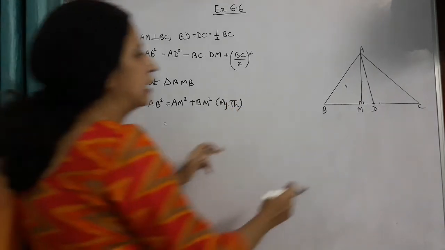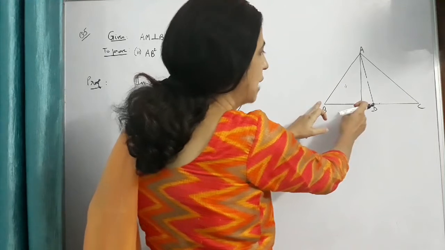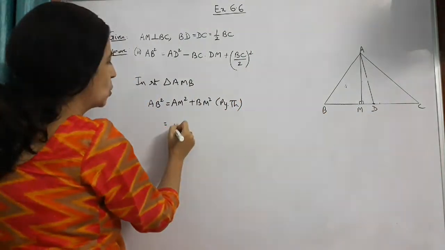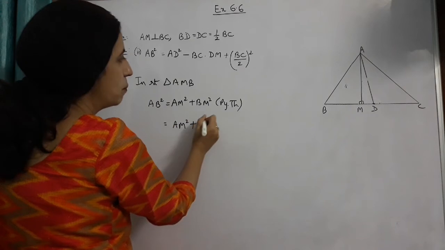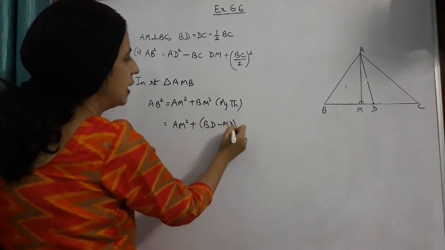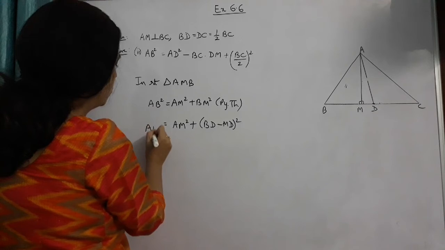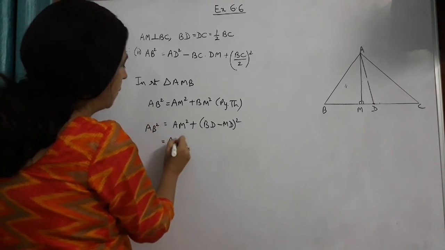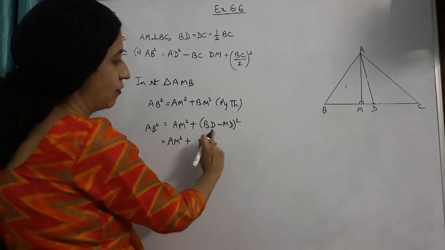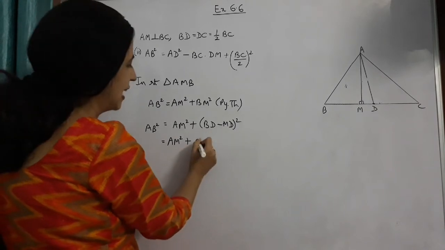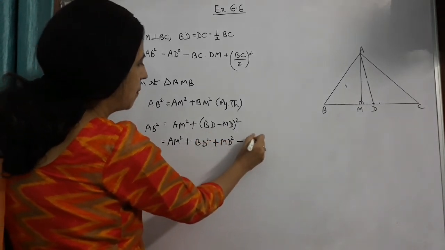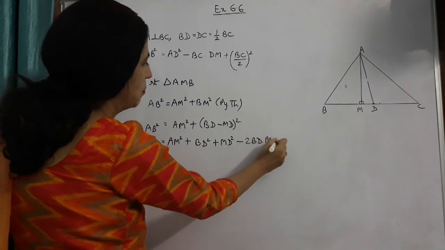Now from the figure, BM can be written as BD minus MD. So in place of BM, we write down BD minus MD whole square. And we simplify this by using the identity A minus B whole square, which is A square plus B square minus 2AB.